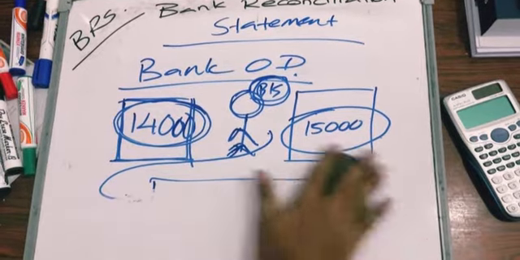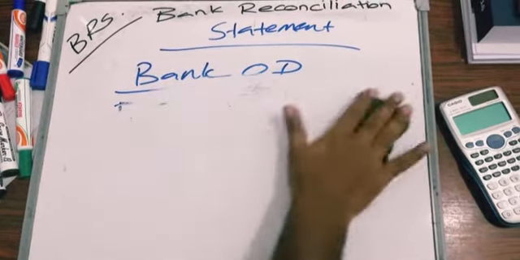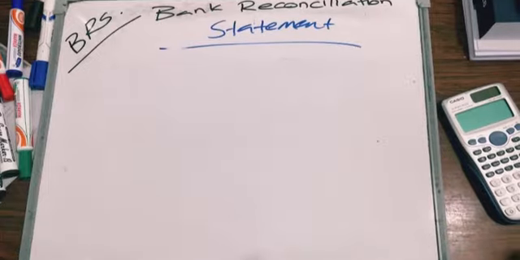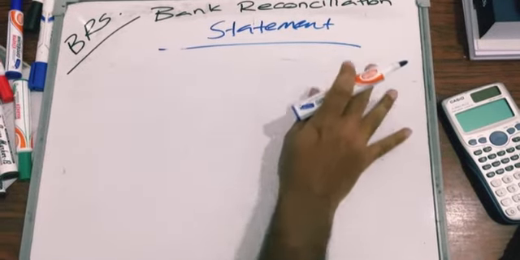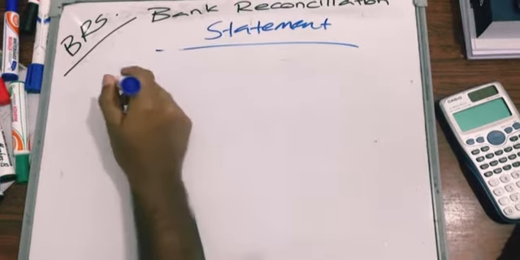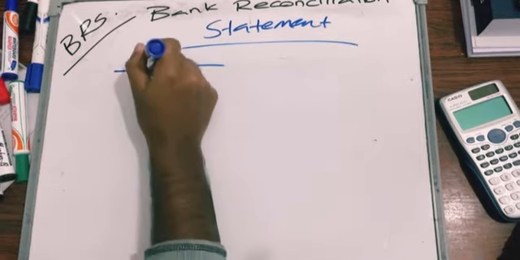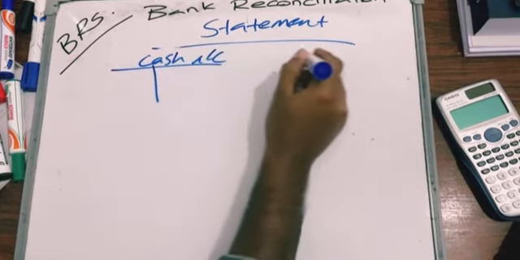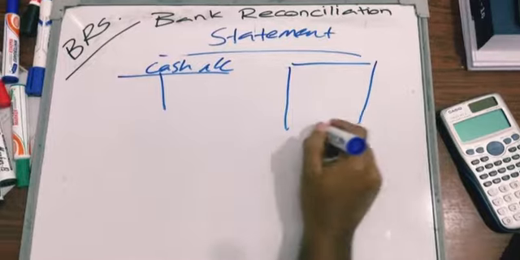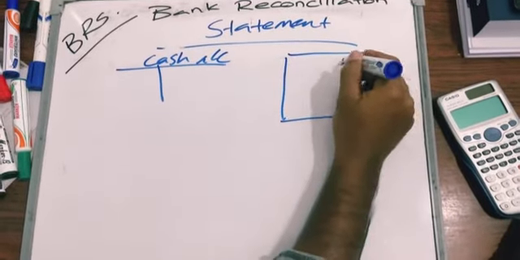Next, let me tell you what the variations are, and why the cash account balance varies with the bank statement balance.